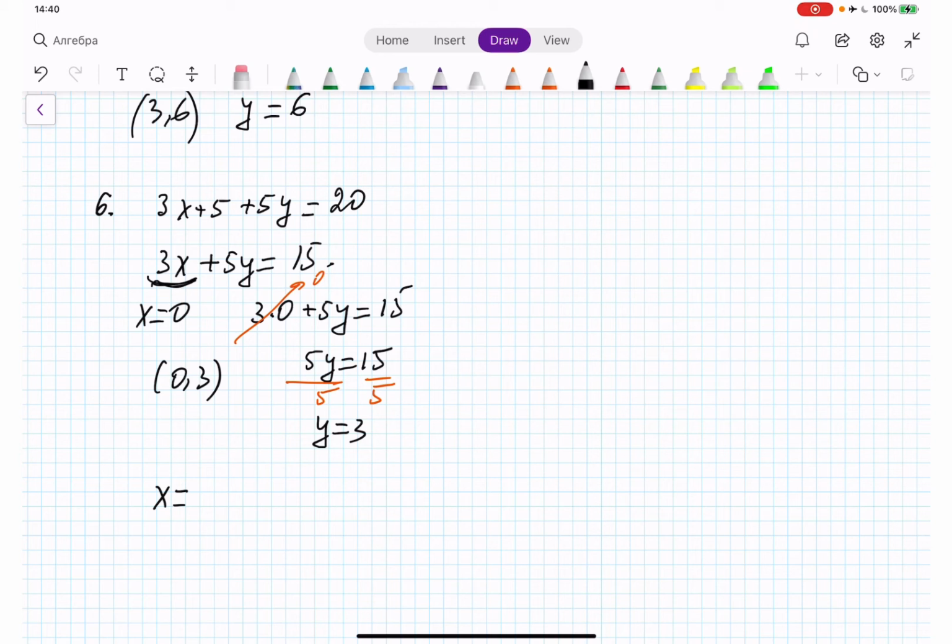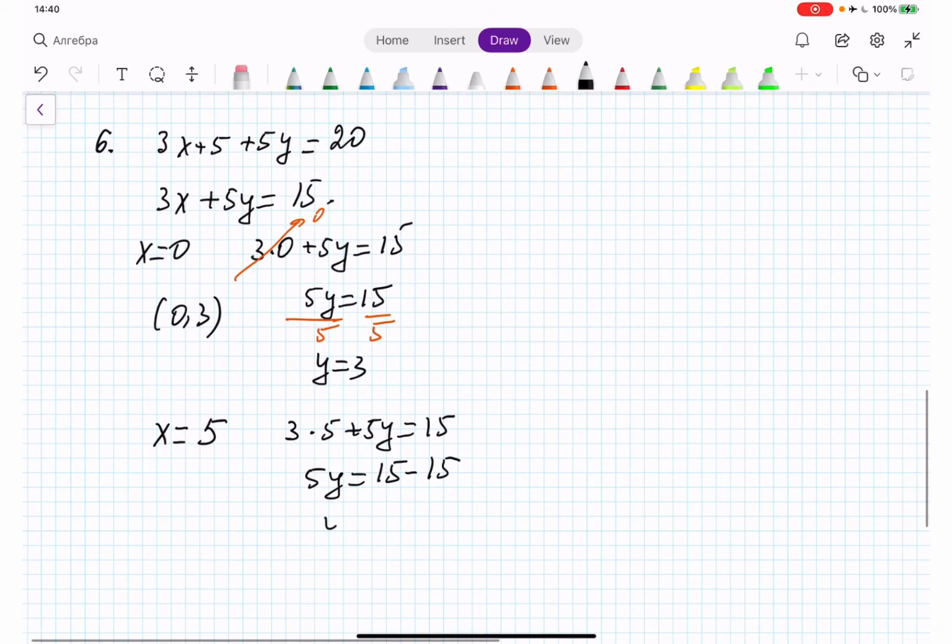Let me take x is equal 5, and then I get 3 times 5 plus 5y is equal 15. 5y is equal 15 minus 15. Excellent. 5y is equal 0, and y is equal 0. So the answer is going to be 5 and 0.